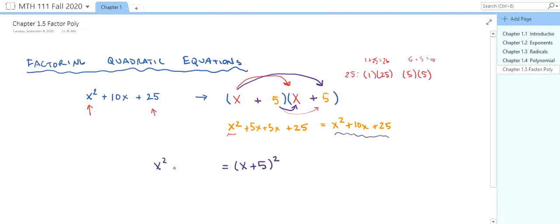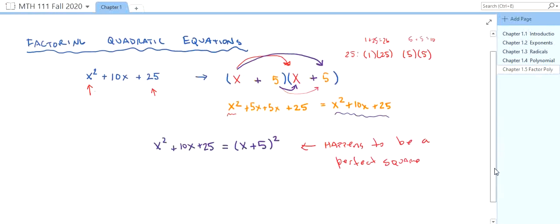So x squared plus 10x plus 25 is a perfect square because it's x plus 5 times x plus 5.